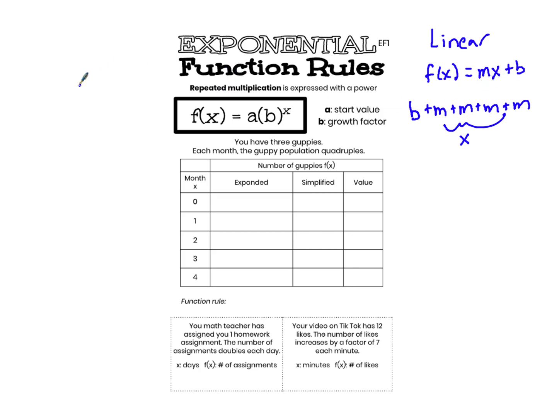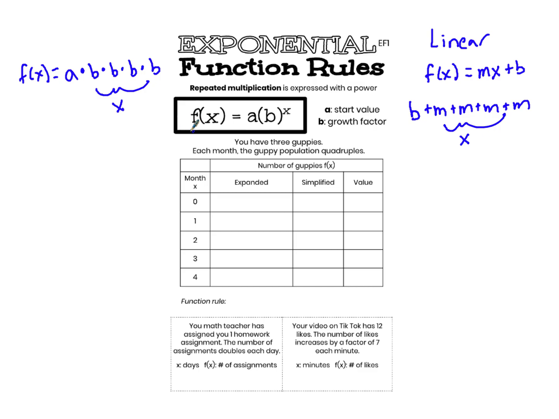An exponential function rule is one in which I start with some value, start value of a, and then I repeatedly multiply by my growth factor b, times b, times b, times b, times b, and I multiply by that growth factor x times. Now, just like instead of writing plus m, plus m, plus m, I write m times x, instead of writing times b, times b, times b, I represent this repeated multiplication with a power.